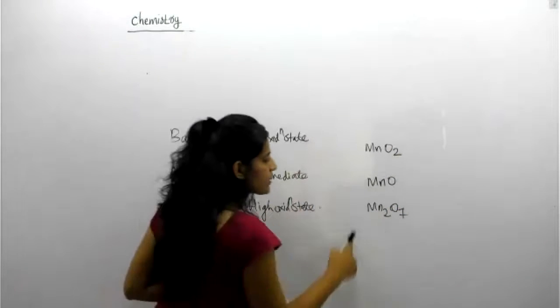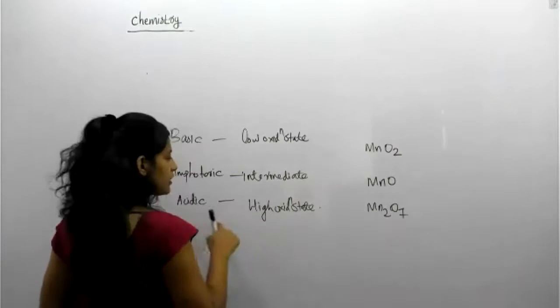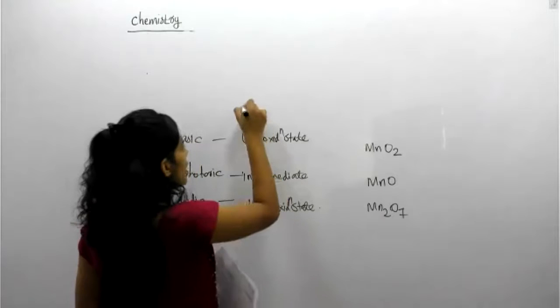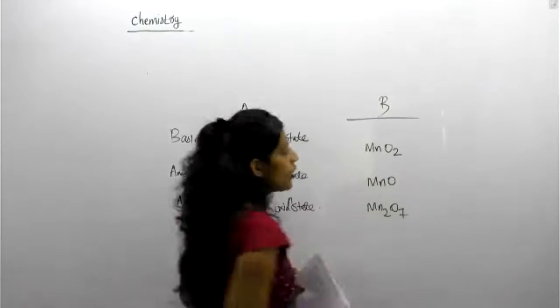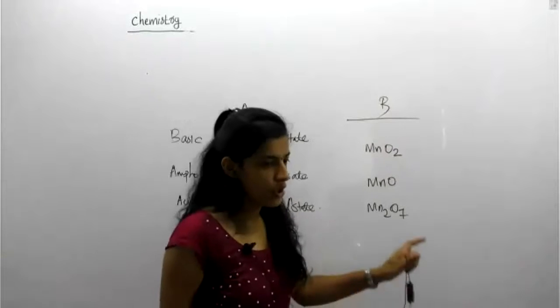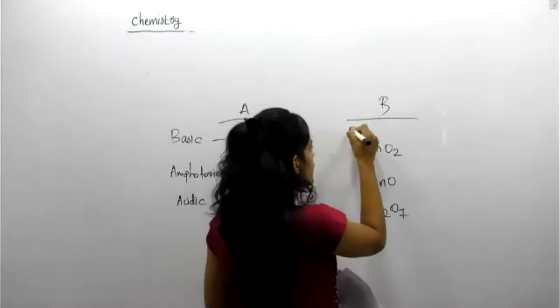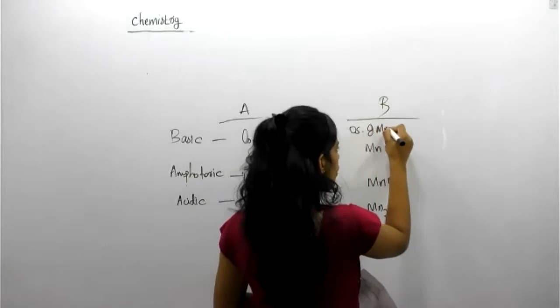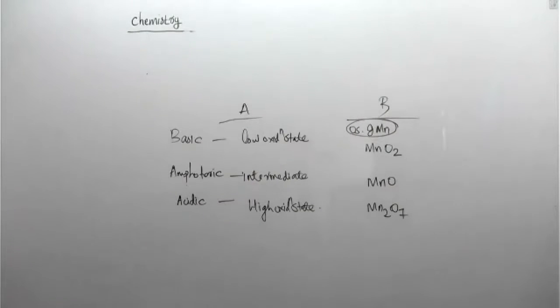One is basic, one is amphoteric, and one with a high oxidation state is acidic in nature. So check the oxidation state of manganese, and then decide what is acidic, what is basic, what is amphoteric in nature. Then tell me.